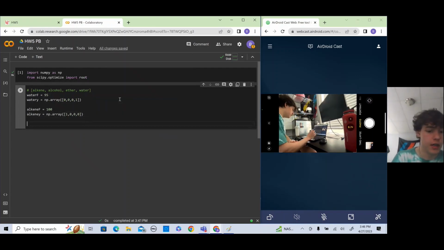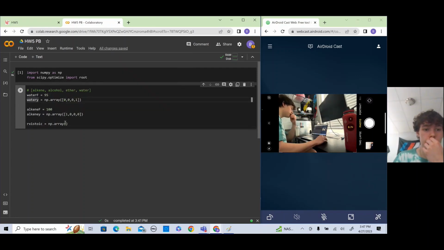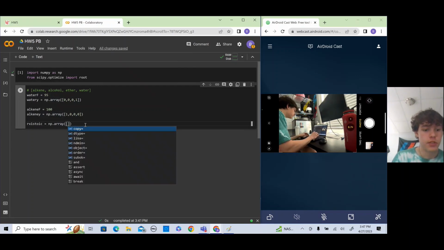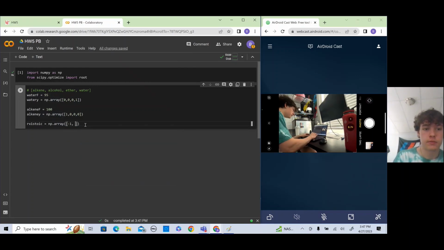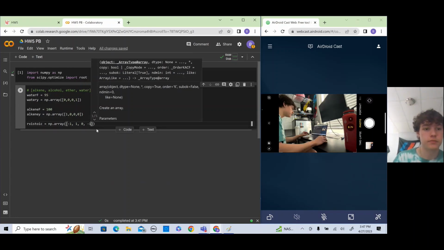Then we can do the stoichiometry of our reactions. So reaction 1 stoic: our first reaction is our water and our alkene creating our isopropanol. So -1, +1 here, nothing with our ether yet, and then minus water.